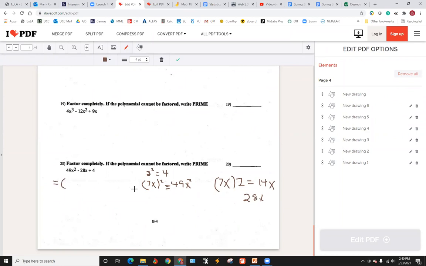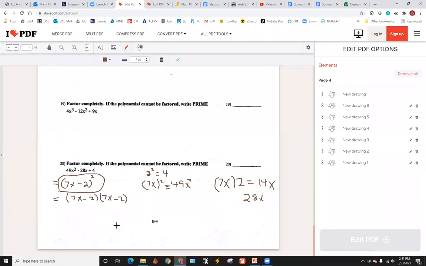In other words, we're going to take 7x and put it there, and over here we're going to put the 2, and then we put this sign right there, and then square it. In other words, this is 7x minus 2, squared. So this is probably the way you usually see it written.